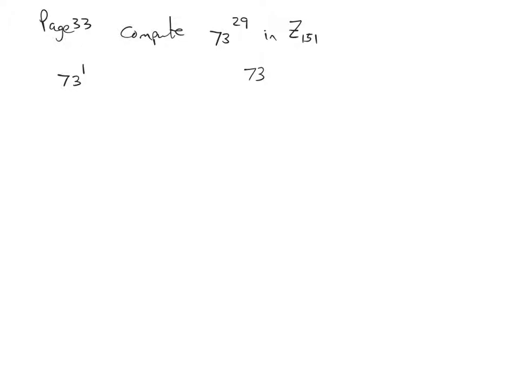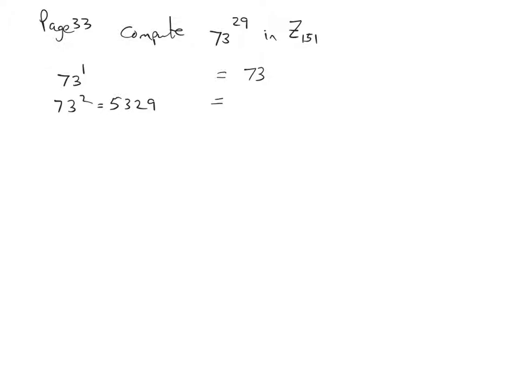So I take out my calculator and compute 73 times 73 is 5329. So 73 squared is 5329, which is a perfectly good number, but of course we want it reduced in Z151.